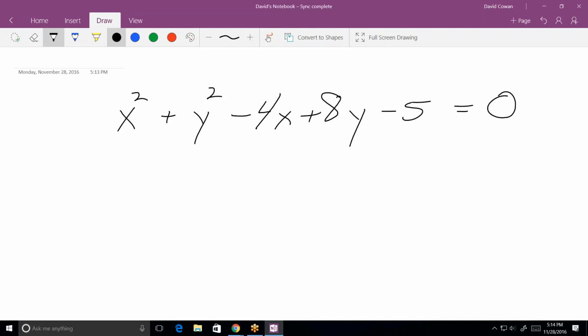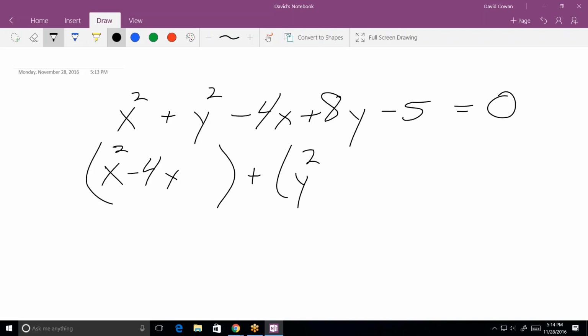So the way we're going to do this is gather the x's together. So x squared minus 4x. Leave space to complete the square. Gather the y's together. Put parentheses around them. Plus 8y.